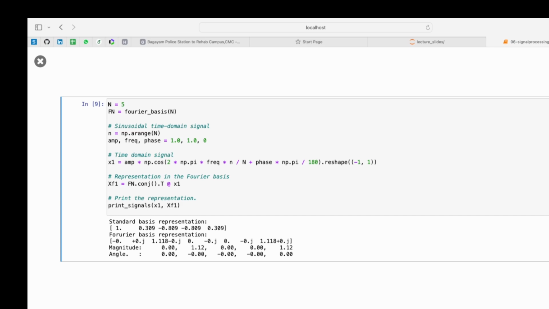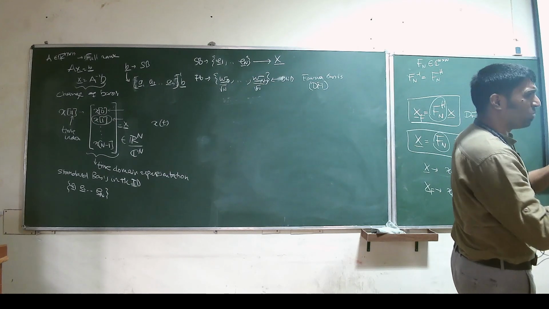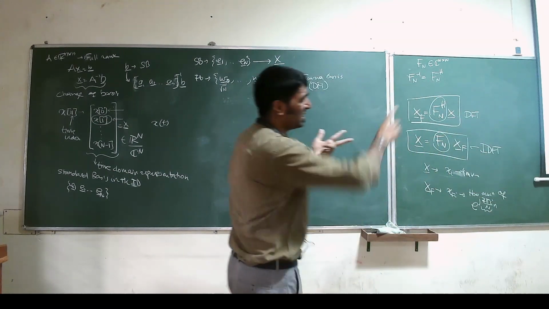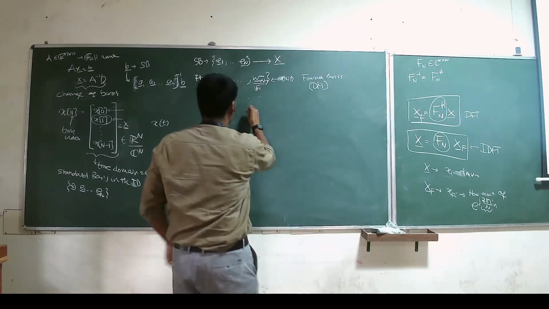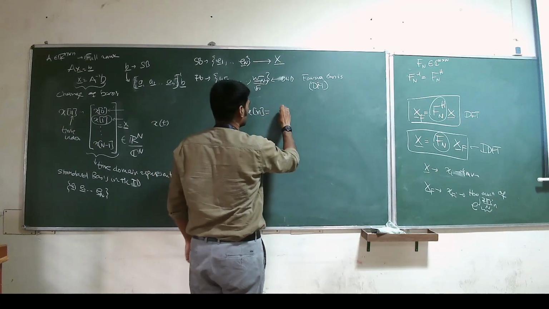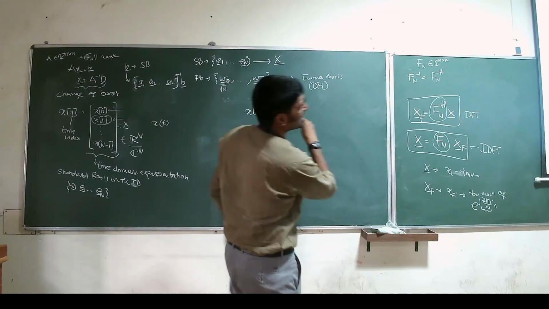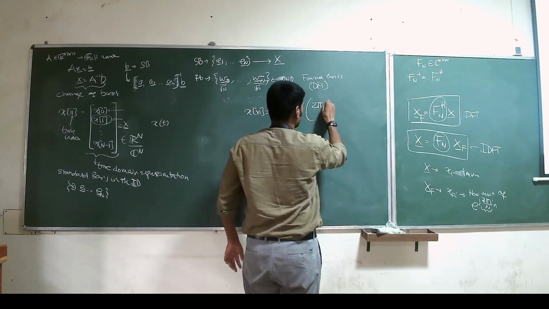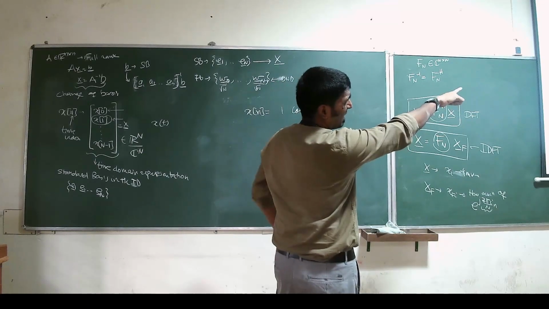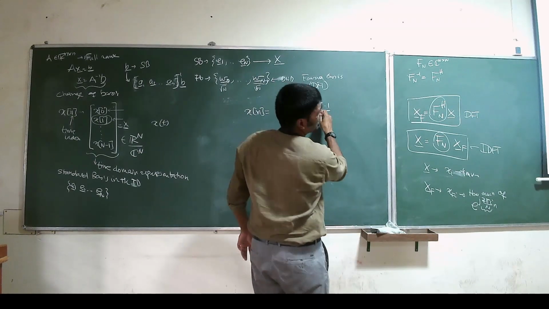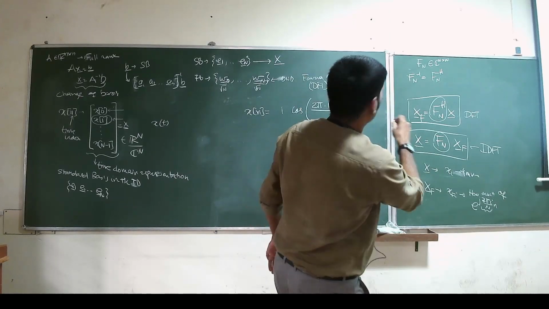If you look at x1, the way I've defined it, it's of amplitude 1, phase 0 and frequency 1. My x of n, or x1 in this case, is defined as 1 times cos 2 pi, frequency is 1, so this is 1 divided by n, where capital N is 5.